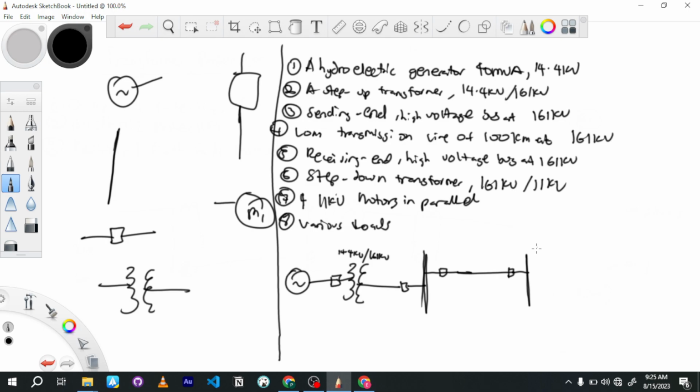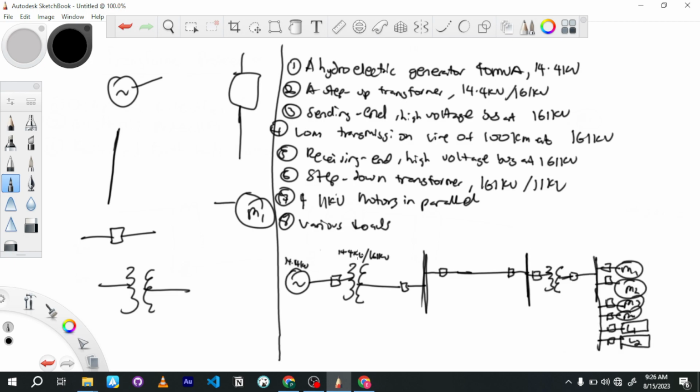Then finally, we have our motors and loads: M1, M2, M3, and load 1, load 2. So this is how our system is, and then you have to name it.